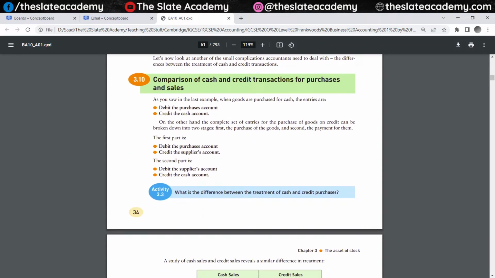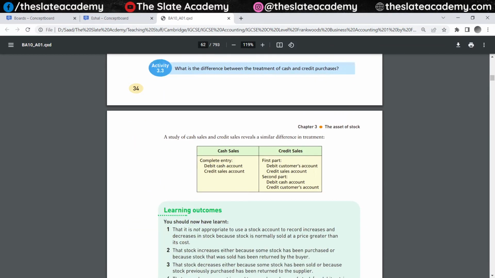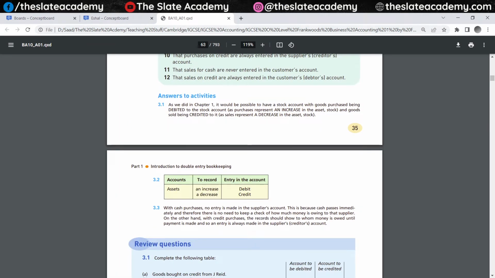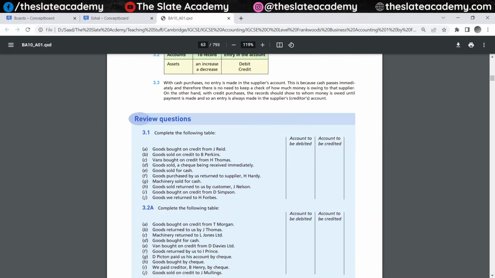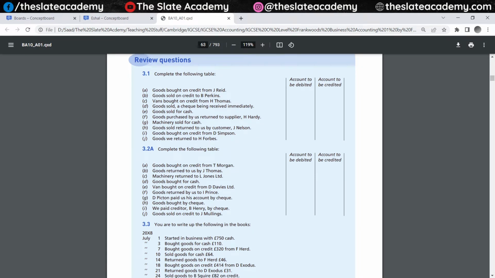These are the transactions. What's the difference between cash sales and credit sales? Acha, I'd highly encourage you to give the whole chapter a read after the class. Acha, I'll do 3.2a right now, and you can do 3.1 as homework and the rest of the questions as we discuss.